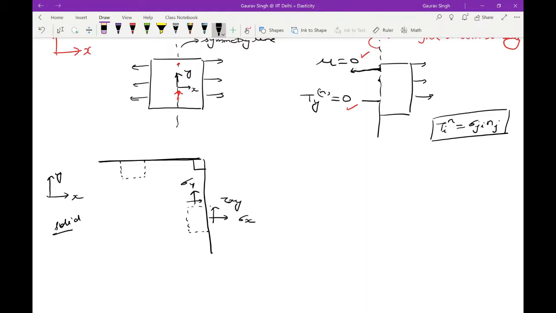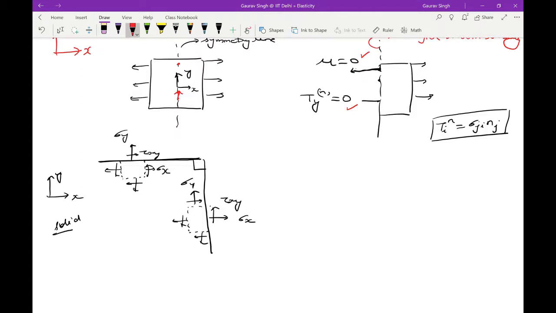Similarly, on this particular face, you would have sigma y, tau xy, and this is sigma x.